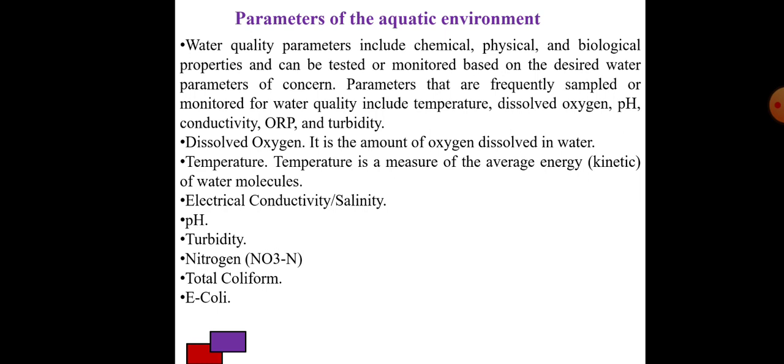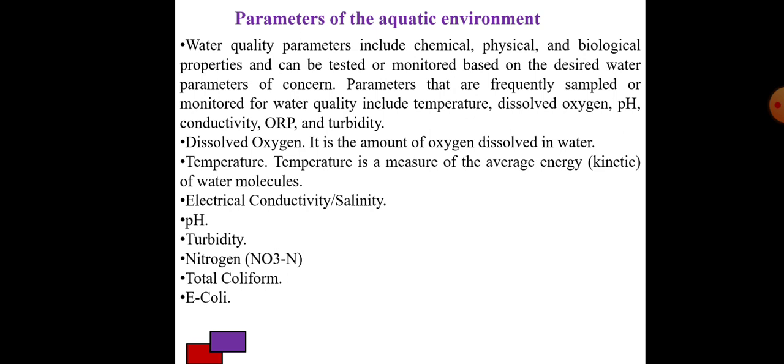Then the next parameter is temperature. Temperature is a measure of the average kinetic energy of water molecules. Then electrical conductivity, that is EC, or salinity. Then pH, hydrogen ion concentration. Then turbidity, nitrogen, total coliform.